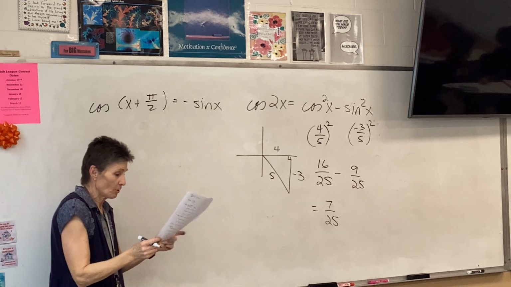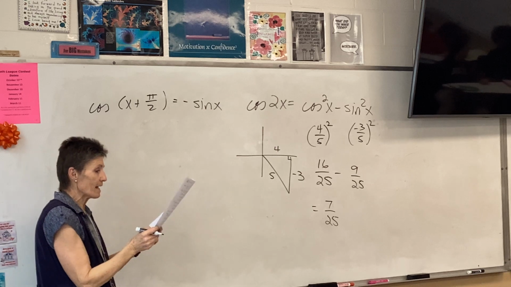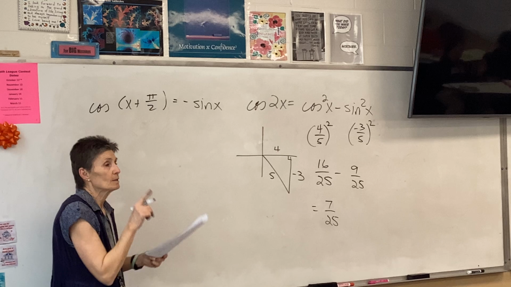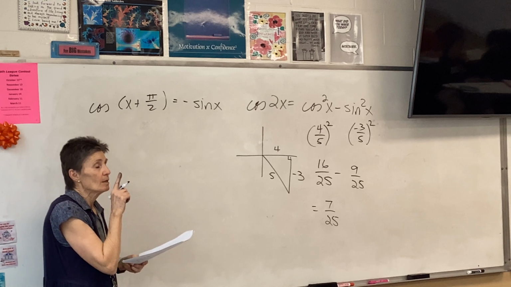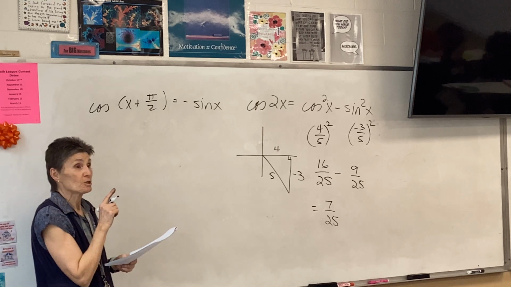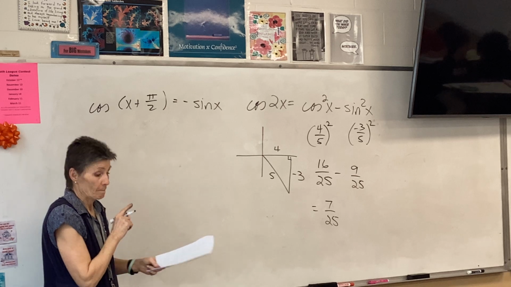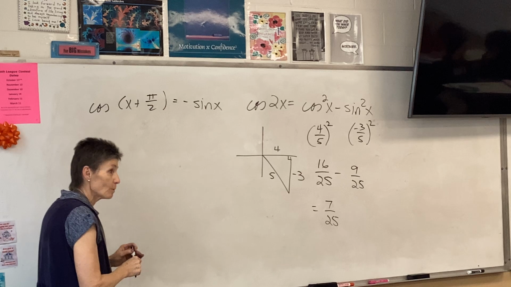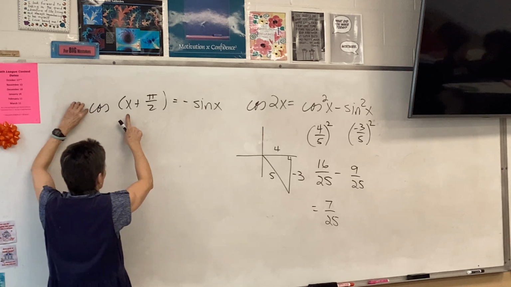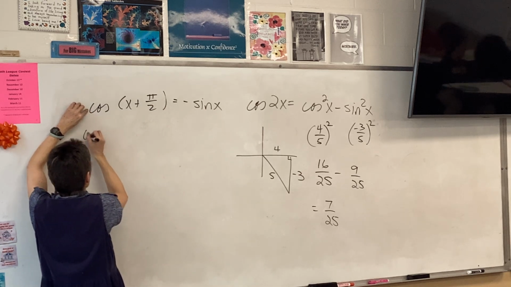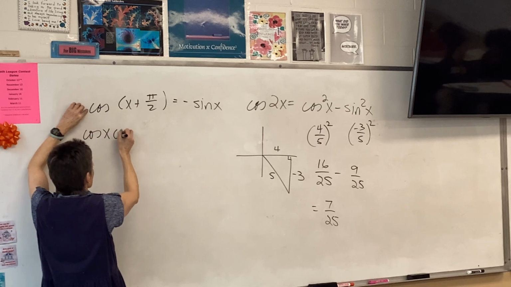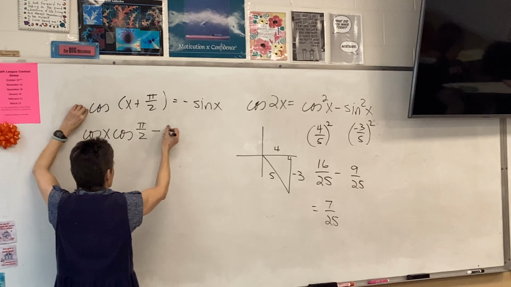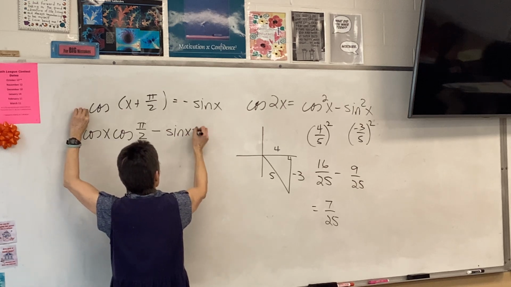Problem solved. Or no, number 6. We're doing 6A. What should we do first? Look at our reference sheet. Cosine of u plus v: cosine x cosine pi over 2, minus sine x sine pi over 2.